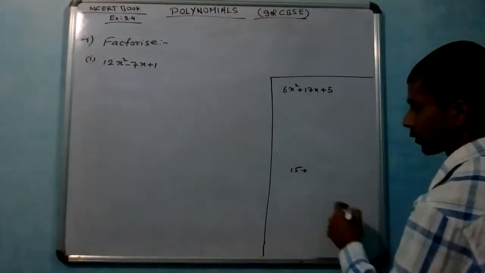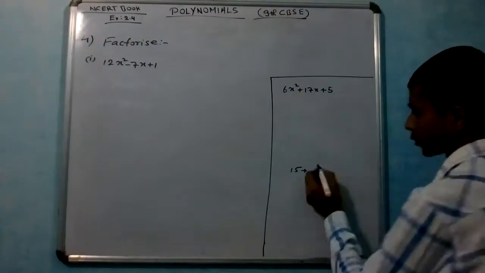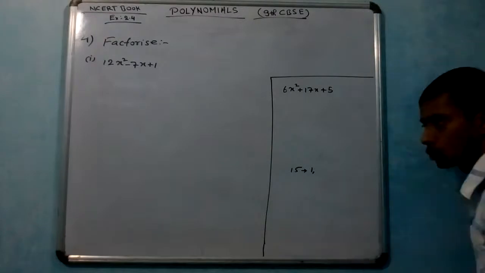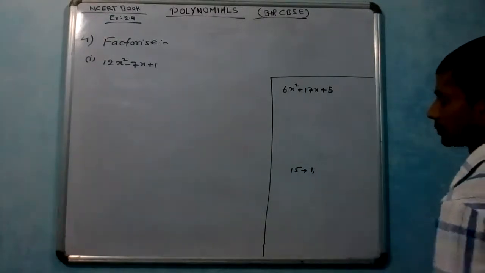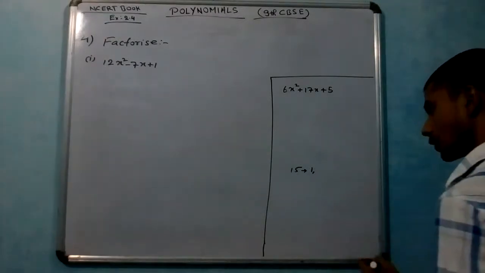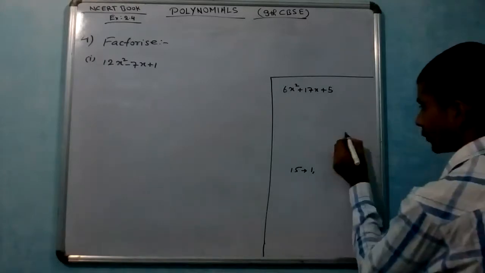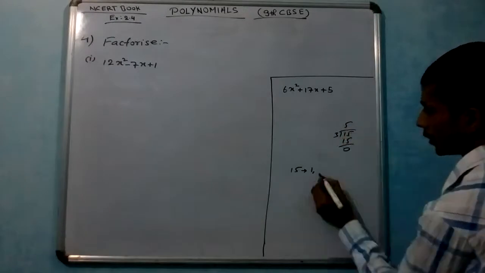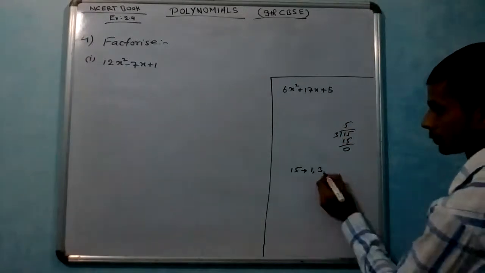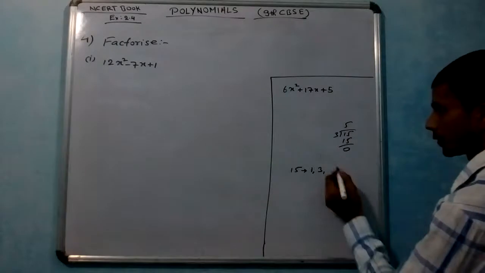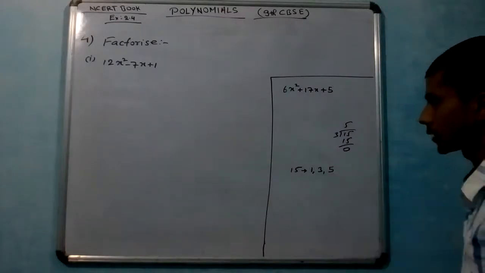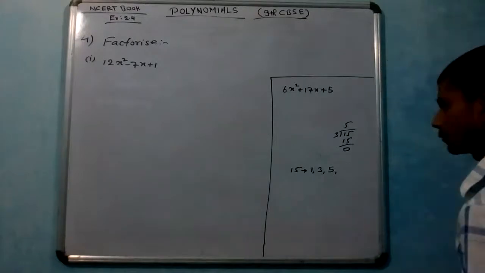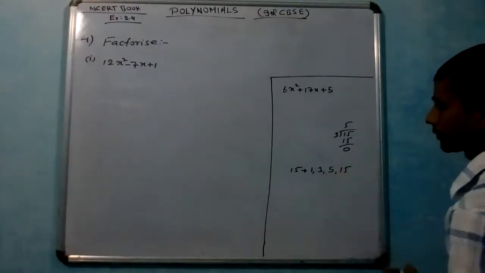Can 1 divide 15 or not? Yes, 1 can divide 15. So 1 is a factor of every number. After that, 2 cannot divide. Then 3. Yes, 3 can divide 15. If you divide 15 by 3, 3 5s are 15 and then 0. So 3 is a factor. Then 4, no. Then 5, yes, 5 is a factor. Then 6, 7, 8, 9, 10, 11, 12, 13, 14, 15. Next, 15 is a factor.